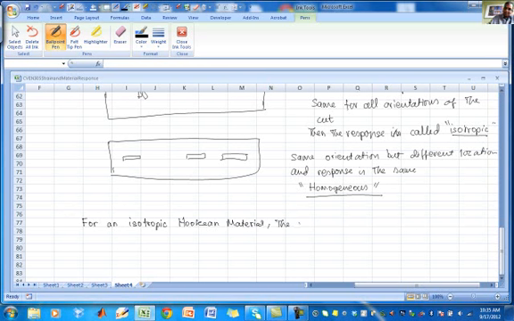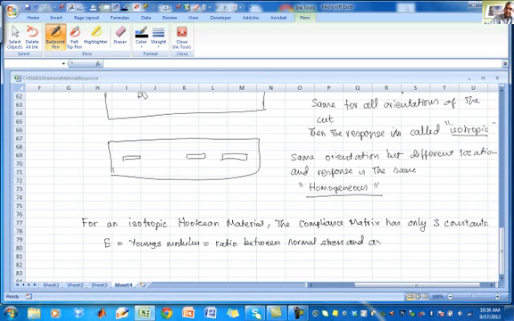The compliance matrix has only three parameters, three constants: E, which is Young's modulus, which is the ratio between normal stress and axial strain during a tension test.